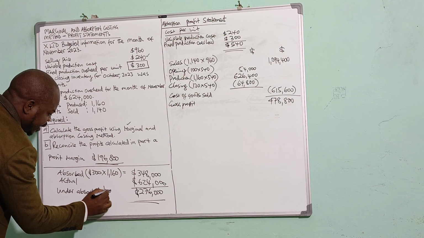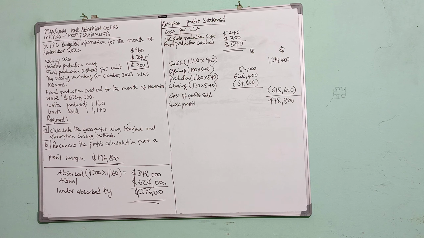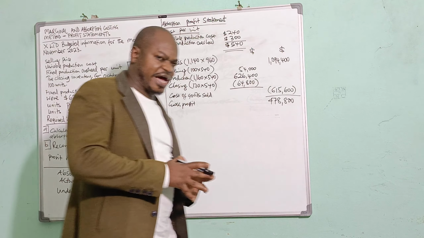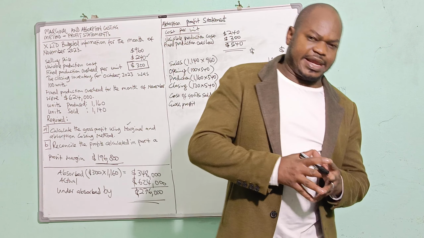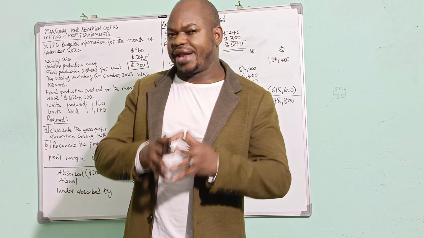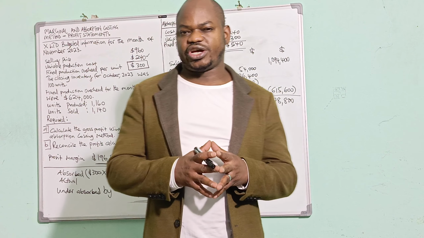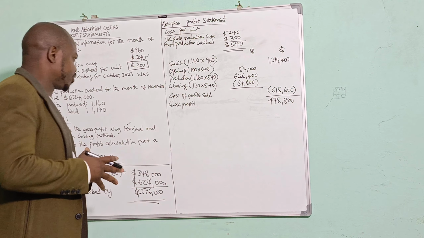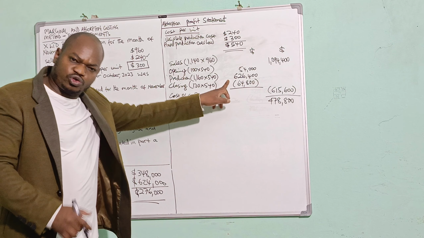Under absorbed by $276,000. So if you under absorb the fixed production expenses, in other words, for lack of a better term, I can simply say we underestimated the fixed production cost. So if you underestimate the cost, you know what you are doing?